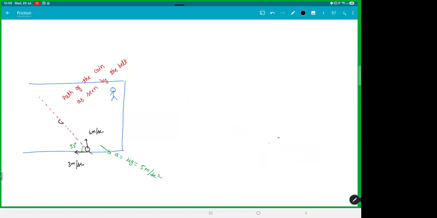So at any instant, your velocity v would be how much? You are going with a speed of 5 meters per second, so the velocity will be u minus at, so 5 minus 5t. Now be careful, what is this? This is the velocity of the coin with respect to the belt.